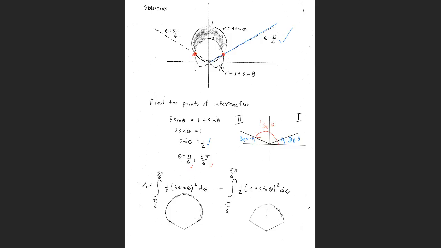That's the ray that goes through that intersection point, and the other ray that goes through the other intersection point is theta equals 150 degrees, or 5 pi over 6. And the shaded area is right here. I shaded the area.